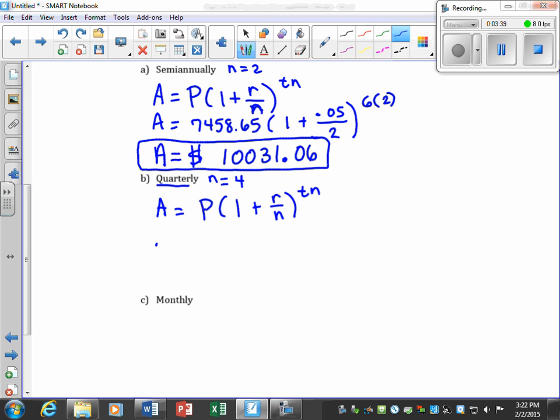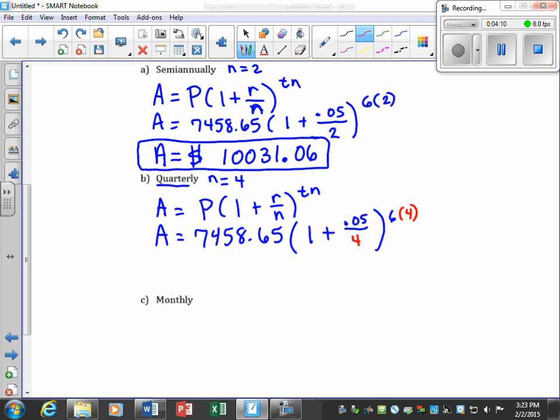And then now we're looking for A, and our principal is the same, $7,458.65. 1 plus our rate is still the same, 0.05. The only thing different in this problem is our N. This time our N is 4 because it was compounded quarterly. Time is 6 years, and our N is 4.